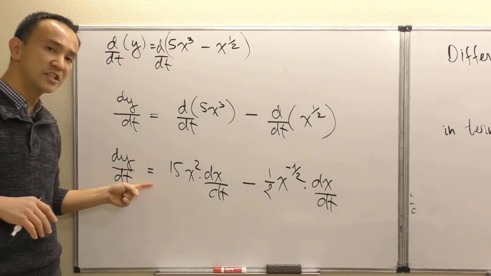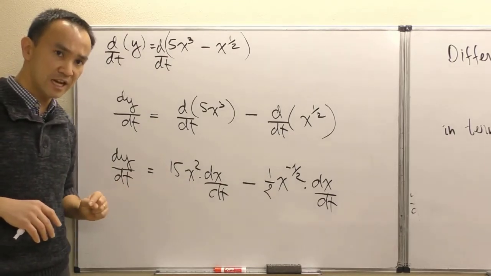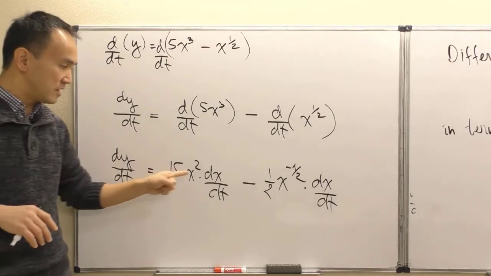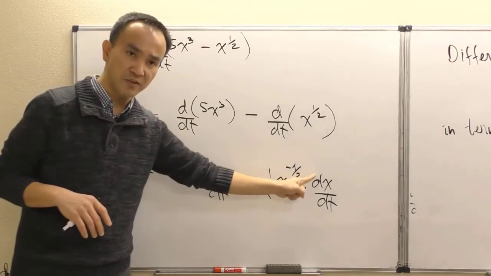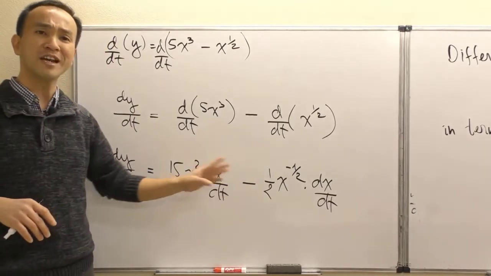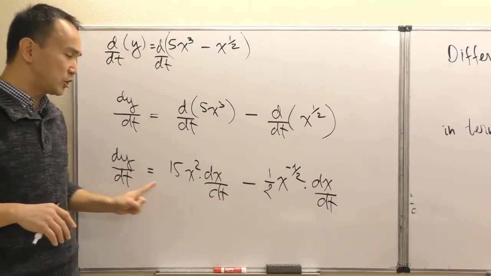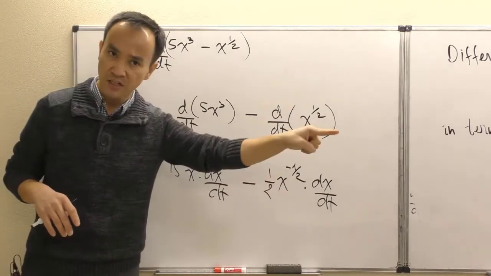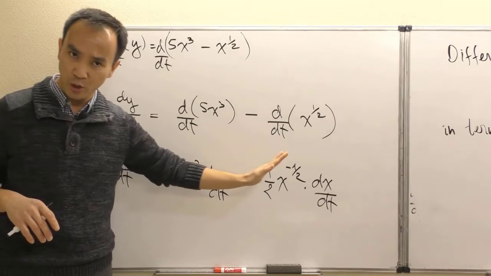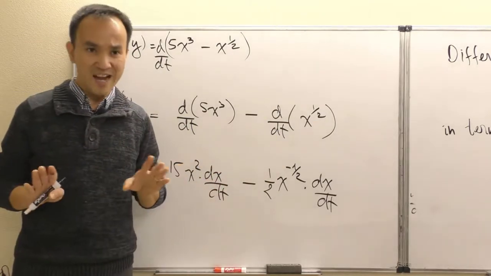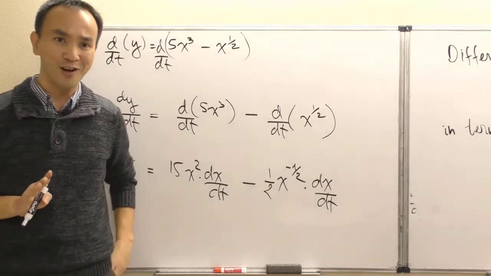They are rates in terms of t. They are the instantaneous rate of change of the y variable with respect to t, and also the instantaneous rate of change of the x variable with respect to t. But in the end, we call them related rates because these two rates, dy dt as one rate and dx dt as another rate, both exist in our equation and they are related through this equation. So again, that's just a reminder of what related rates are all about.